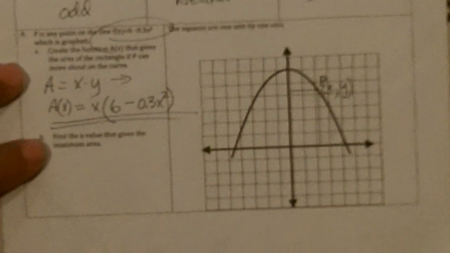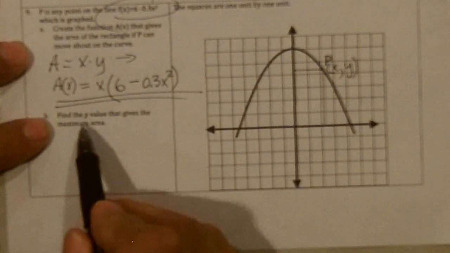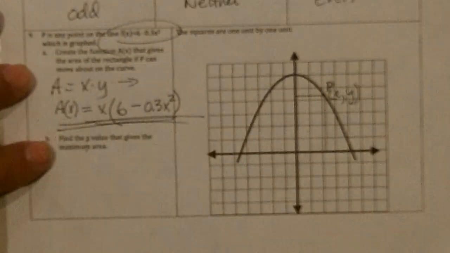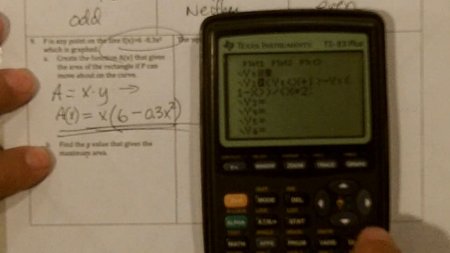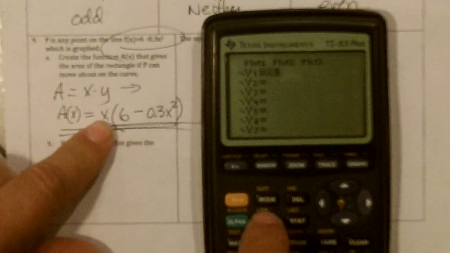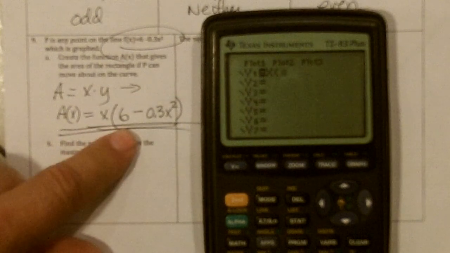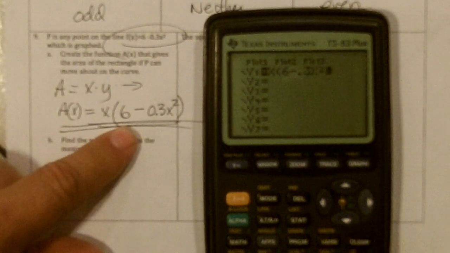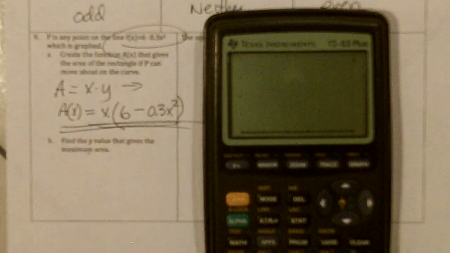Then it says find the x value that gives the maximum area. So now I'm going to put what I just wrote into my y equals, and type in x, parentheses, 6 minus 0.3x squared, close parenthesis, and graph.